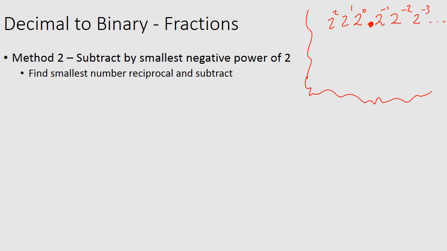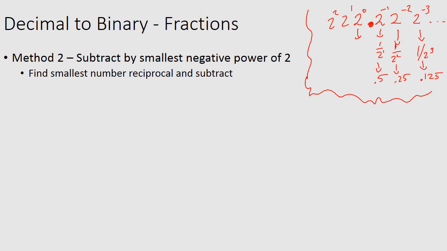What that is equivalent to is 1 over 2 to the 1, 1 over 2 to the 2, and 1 over 2 to the 3, which is equivalent to 0.5, 0.25, and 0.125. So what we do is we find the largest number that we can subtract by, and we continue to do that.